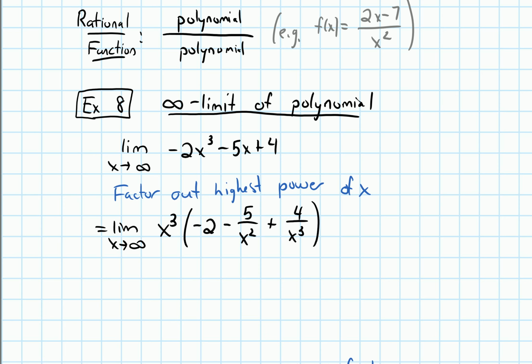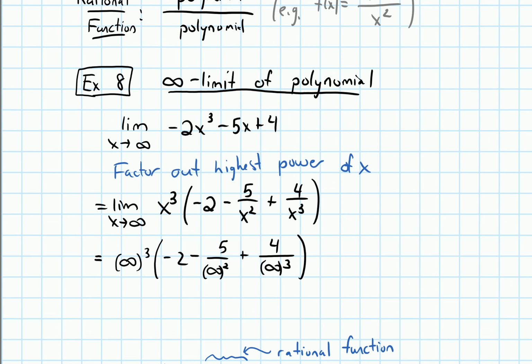Now we want to try to plug into this. Plugging in, we get infinity cubed times negative 2 minus 5 over infinity squared plus 4 over infinity cubed. Now, what does this equal? Infinity cubed is a huge number cubed, which is going to be a really huge number.